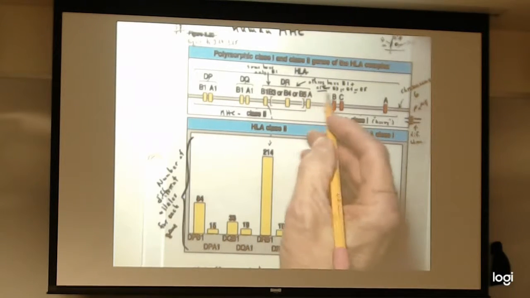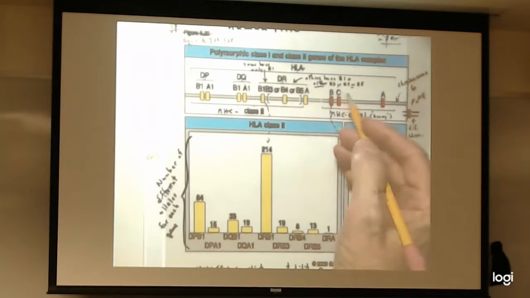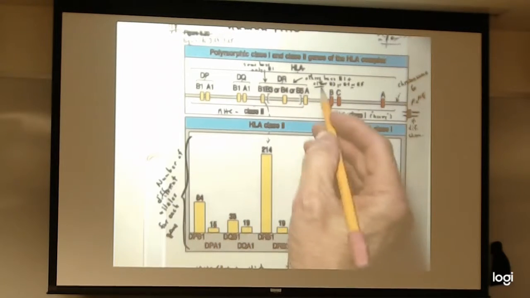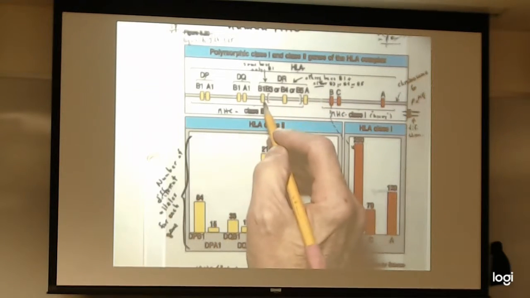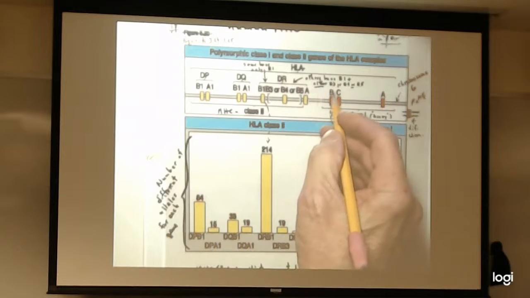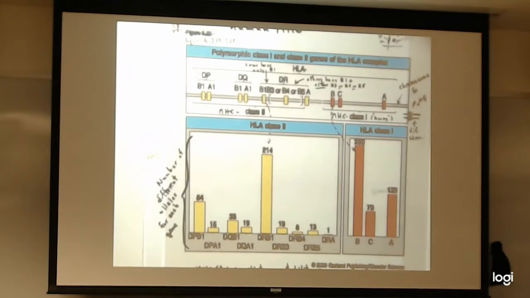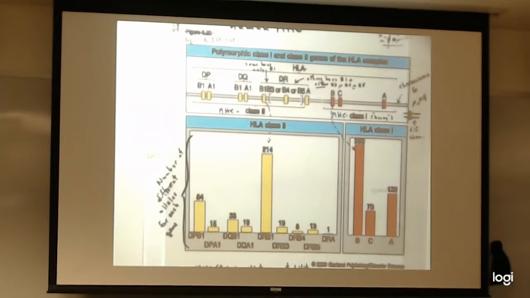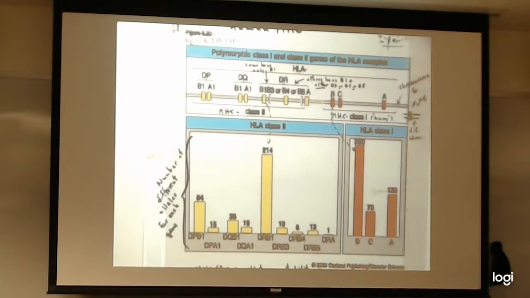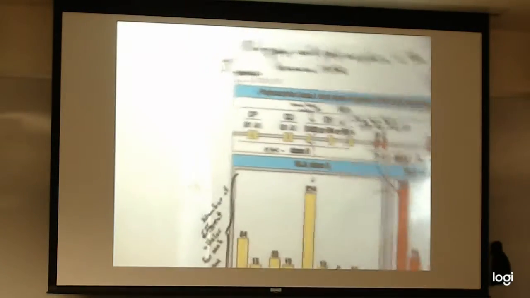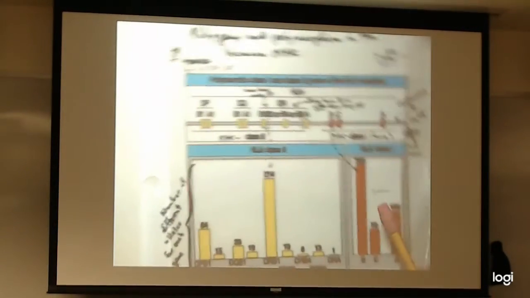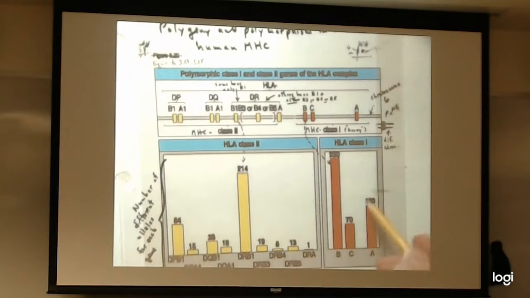So some have B1 and then either B3 or B4 or B5. Don't trouble your heads about this. I'm just saying there's a little extra allelic diversity in class 2.